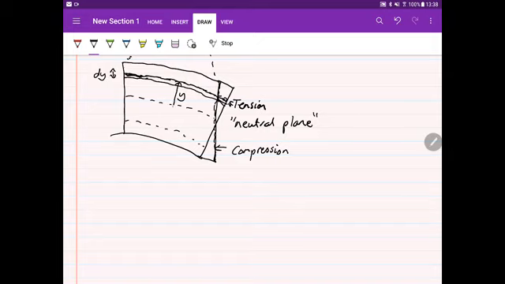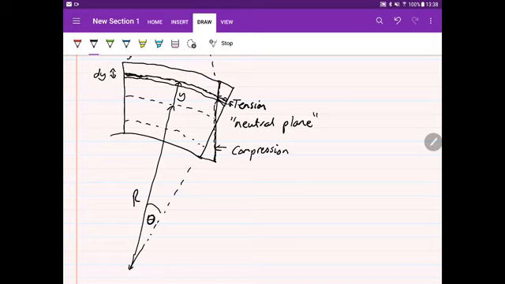In addition to that, we need to know how much the cantilever has been bent, and so there's this distance r, which represents the radius of curvature around which this cantilever is being bent. And then we also need to consider the angle theta that it makes as well.